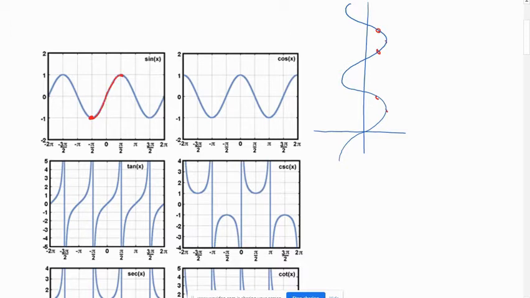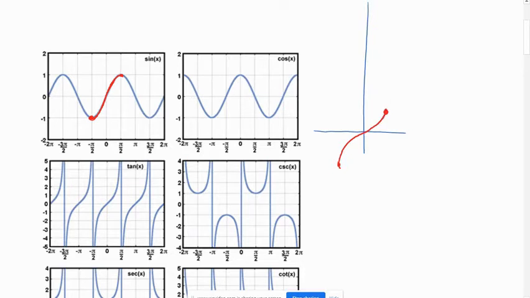So from negative pi over 2 to pi over 2, because that's the largest span that we can get and still have it pass the vertical line test. So what that looks like on this graph is from here to here. Notice that if I go a little bit further in either direction, it's going to fail the vertical line test. So now our inverse sine graph is only here.